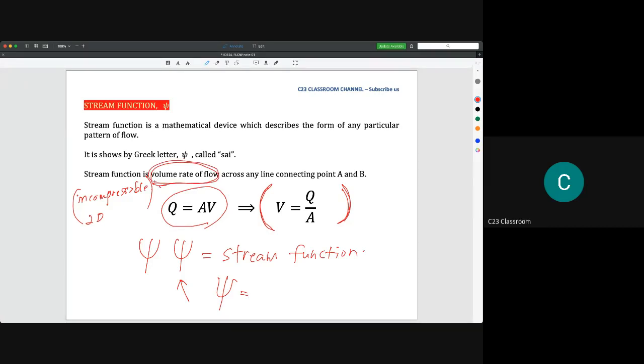If we have volume flow rate, we could divide it by the cross-sectional area and we could get the value of velocity. I hope you could understand this equation because it was already learned in fluid mechanics 1.